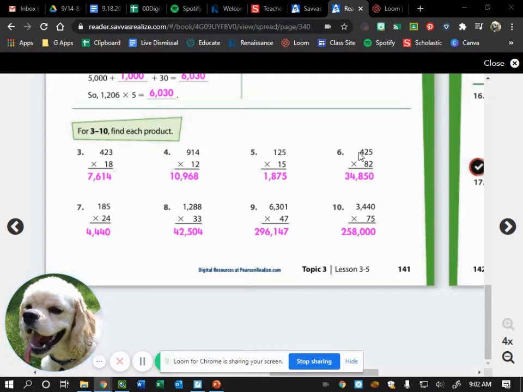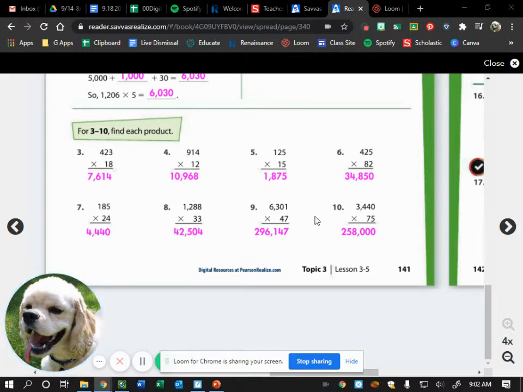And also make sure you added that placeholder 0 when you moved on to multiplying by the 8. Because if you forget that placeholder 0, that can definitely make a big difference in your answer. Are there questions on number 6, 5th grade? Okay.